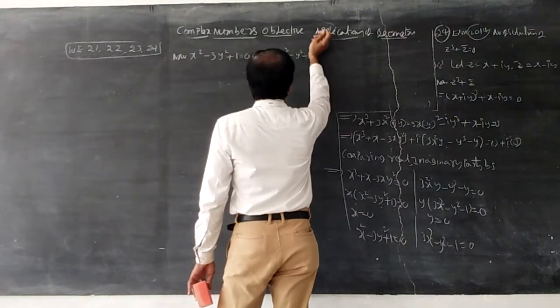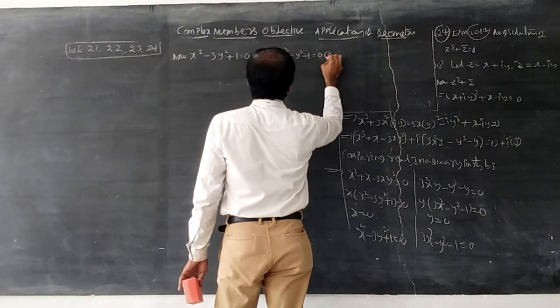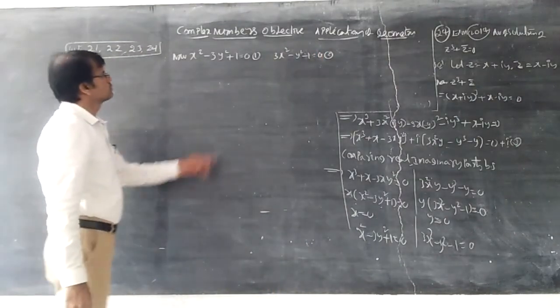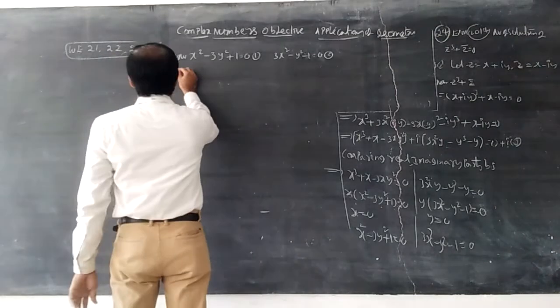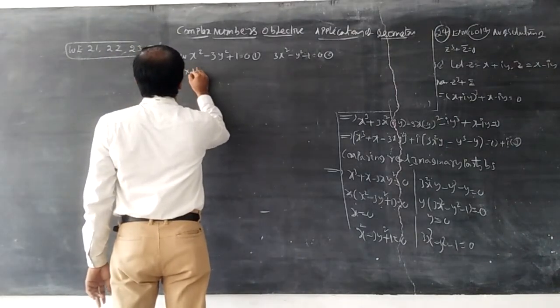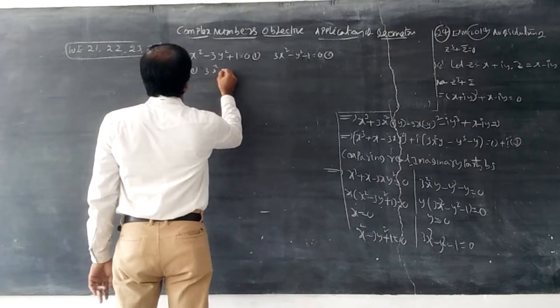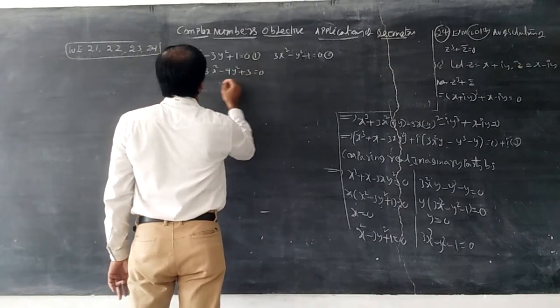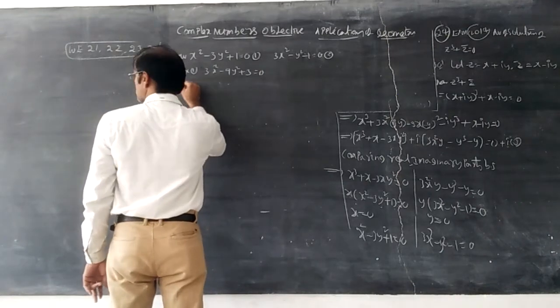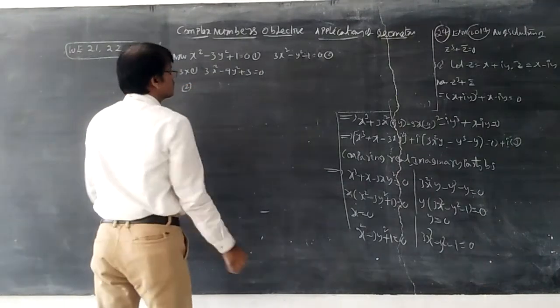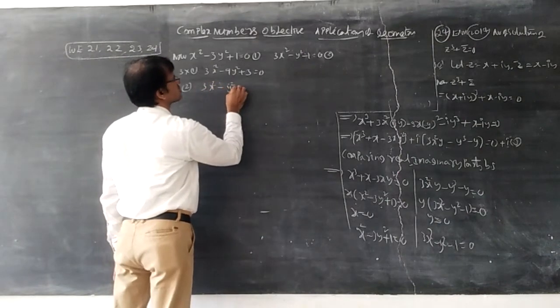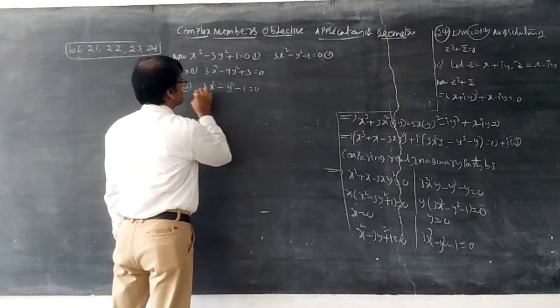Let it be the second equation. Multiply equation 1 by 3, it becomes 3x square minus 9y square plus 3 equal to 0. And write the second equation here: 3x square minus y square minus 1 equal to 0.